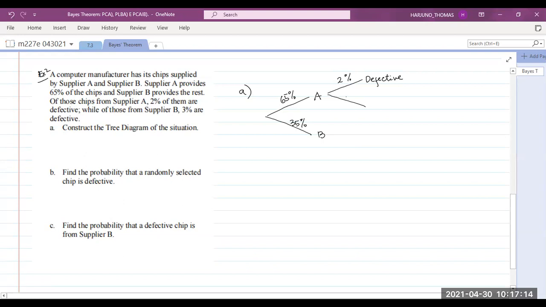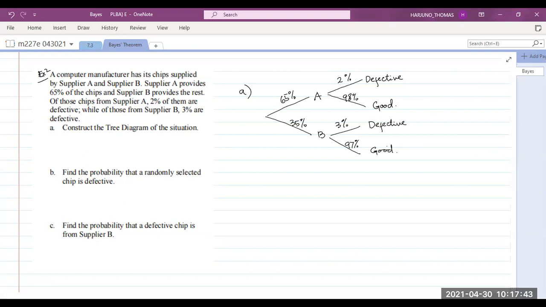So that's 98% being good, while from B, 3% defective, and therefore 97% are good. Now that's the tree diagram.